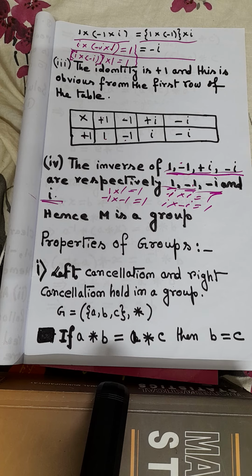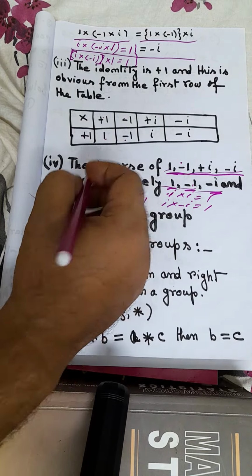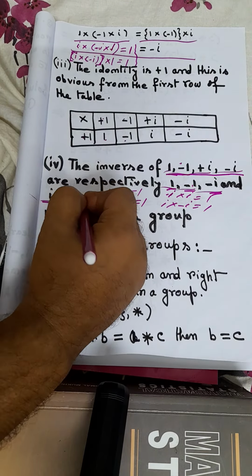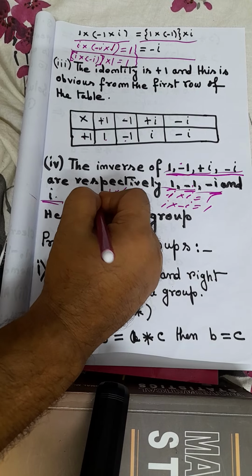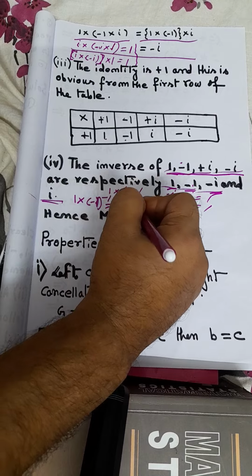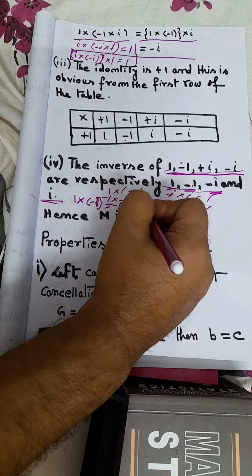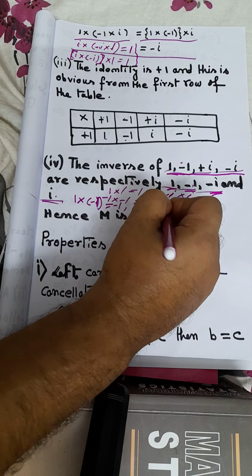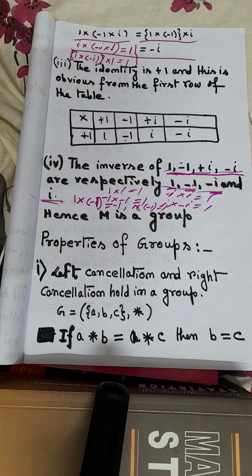And we know that if we multiply 1 into minus 1, what we will get? Minus 1, and then minus 1 into 1, what we will get? Minus 1. So we can see that A binary operation B equals B binary operation A. So we can say this is an abelian group. This is not only a group, this is an abelian group. How?